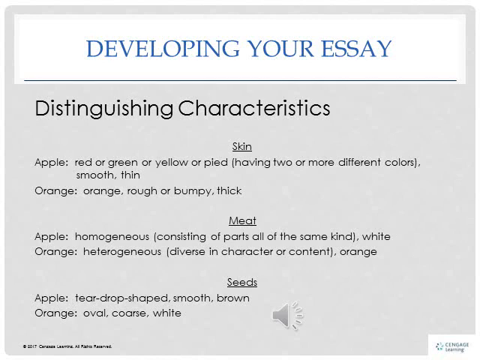What is more important in terms of the meat is the homogeneous versus heterogeneous characteristics of the meat. Homogeneous, as you can see here, means consisting of parts all of the same kind, and in fact, when you look at the meat of the apple, all of the parts are identical.